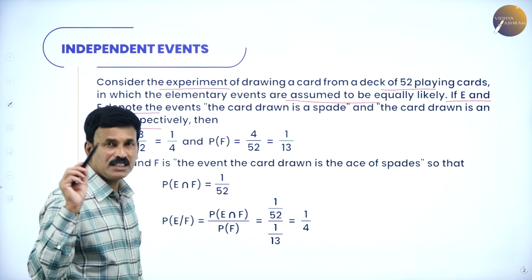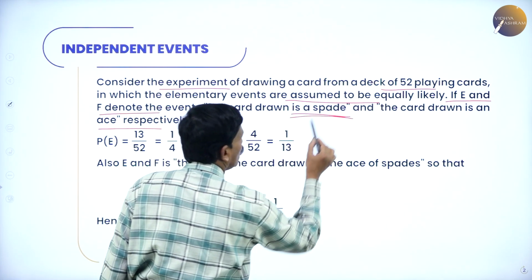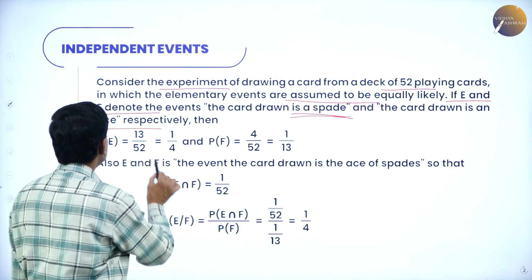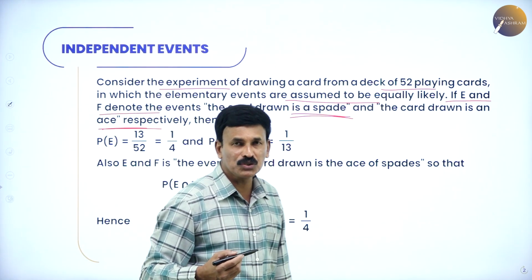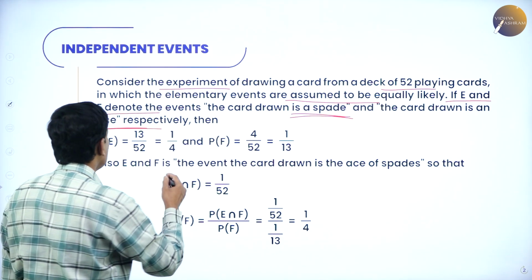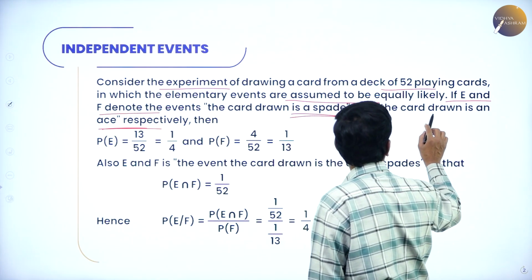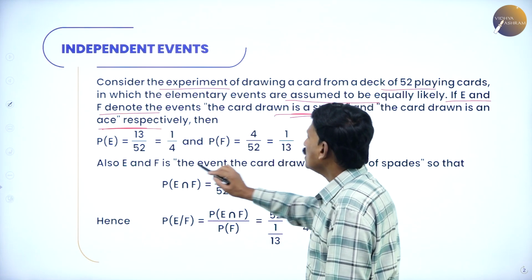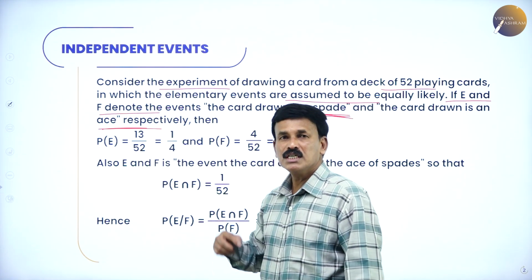Let us define an event E such that the card drawn is a spade, and for F the card drawn is an ace. In a deck of 52 cards, the probability of E, the card drawn is a spade, is 13 by 52, that is 1 by 4.